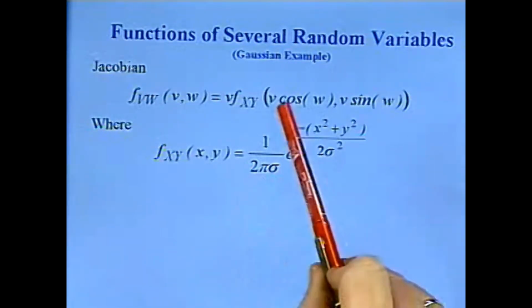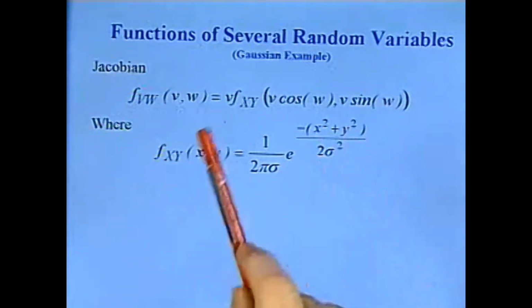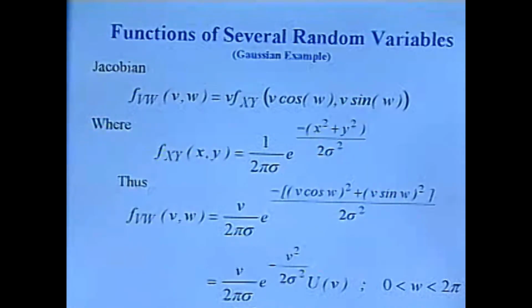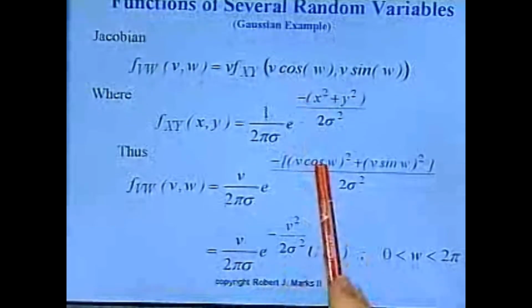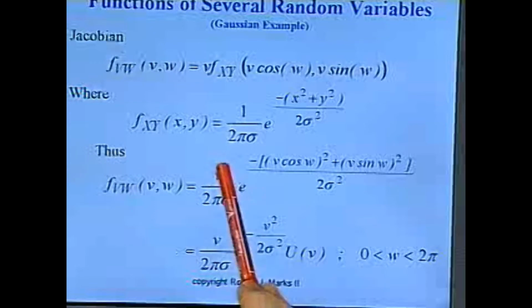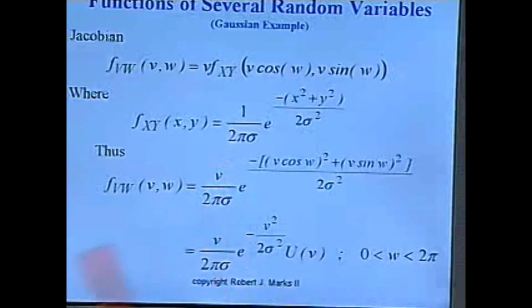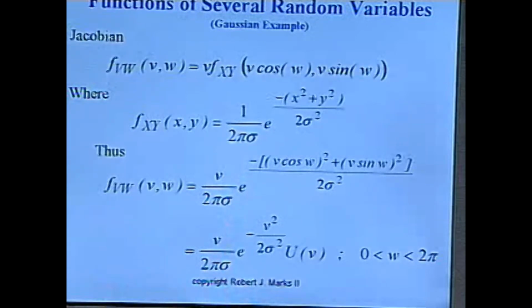So now I'm going to substitute v cosine for x and v sine for y, multiply by v, and if I do that, I get this expression. It's not a pretty expression, but it simplifies very nicely. See what I've done? I've taken x, I've substituted this, I've taken y, I've substituted this. Here's my Jacobian in front, and there should be a sigma squared here also. The sigma squared, please follow that down as we go. It was deleted initially, and all of the subsequent steps followed.